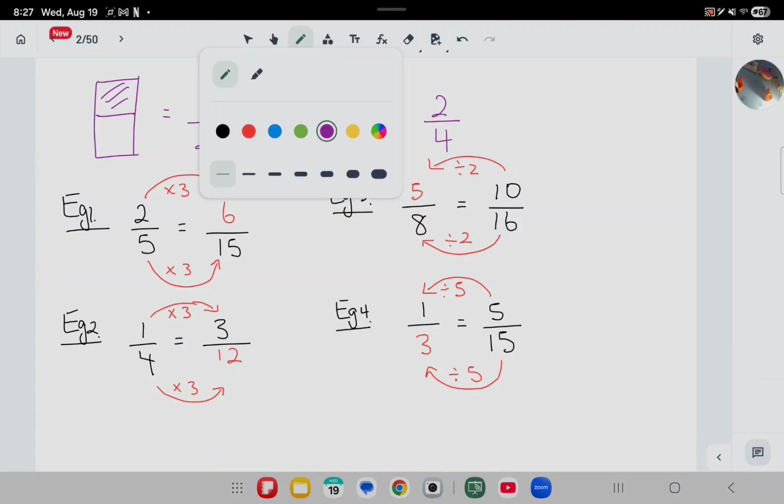Let's draw another one here. Let's see, we have a whole divided into 3 parts, 3 equal parts. So therefore we know that the denominator is 3. And let's say we have 1 out of the 3 parts shaded.